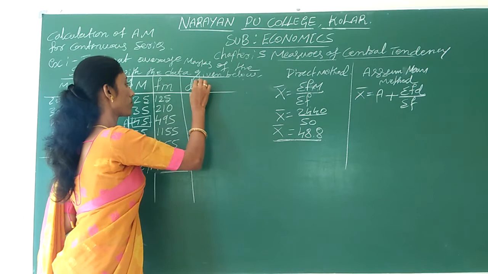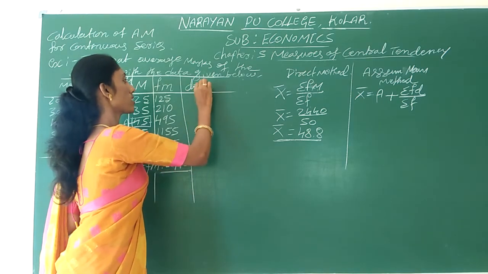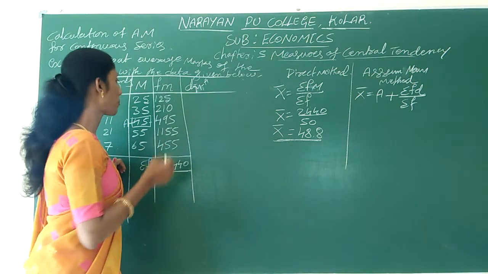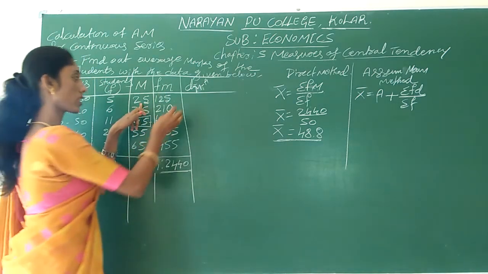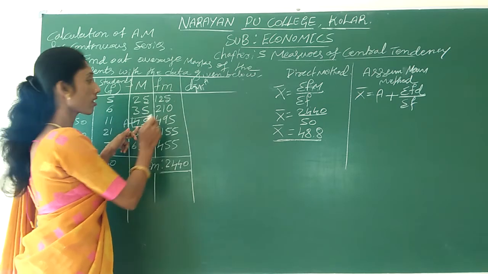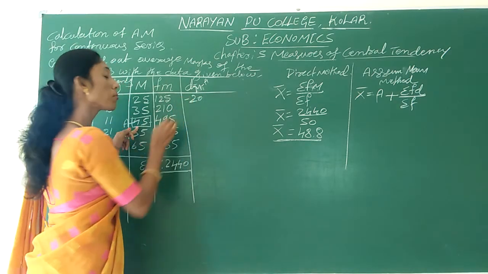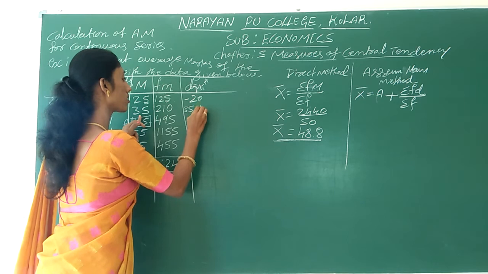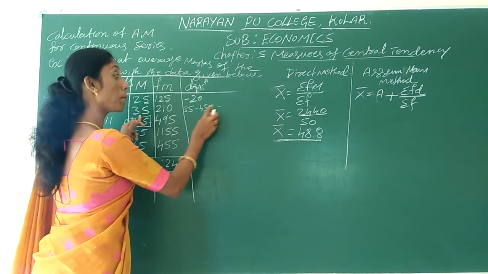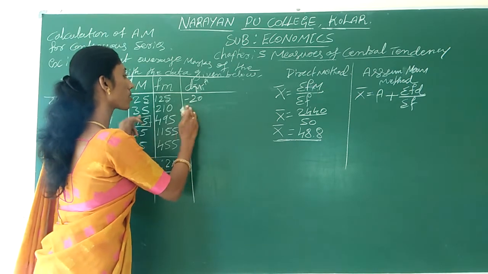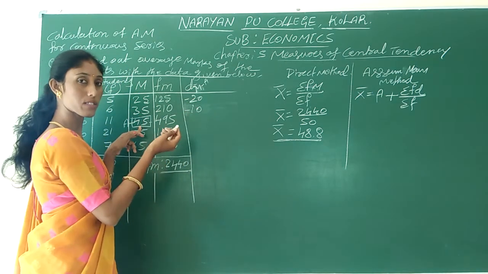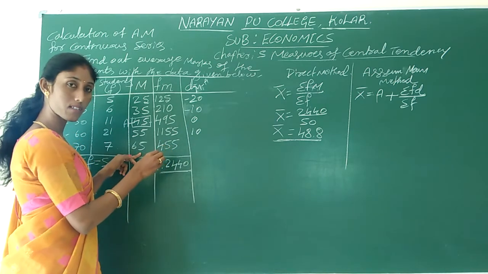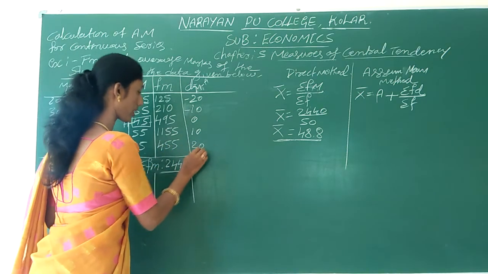The deviation formula is m minus A. Here, m is 25, and 25 minus 45 gives minus 20. 35 minus 45 gives minus 10. 45 minus 45 is 0. 55 minus 45 is plus 10. 65 minus 45 is 20.